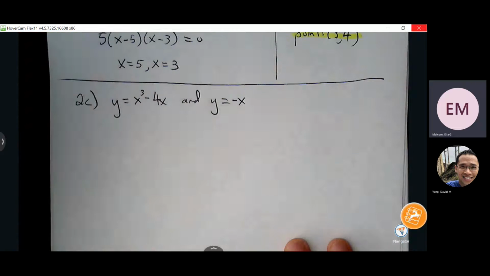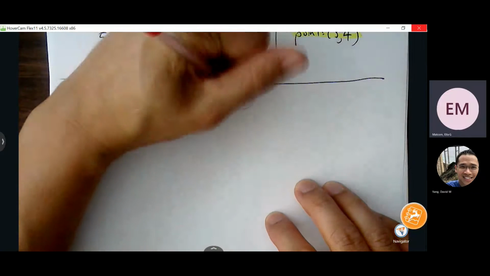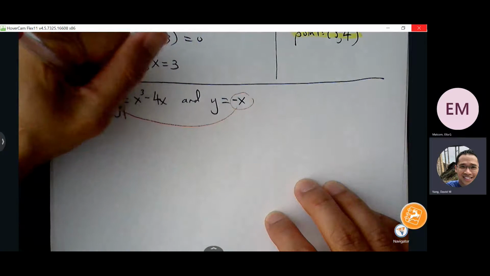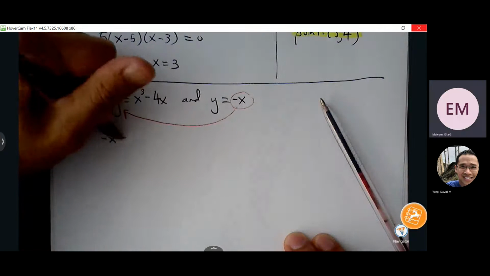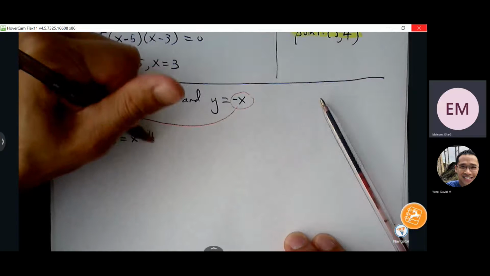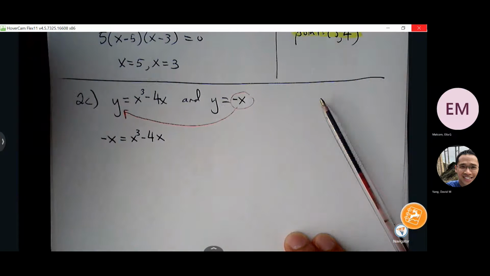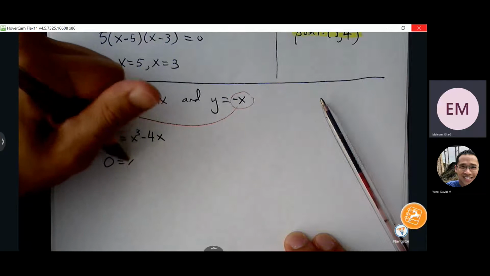Okay, so since y equals negative x, I'm just going to plug that in for y in y equals x cubed minus 4x. And then have x cubed plus x minus 4x equals 0. x cubed minus 3x equals 0.